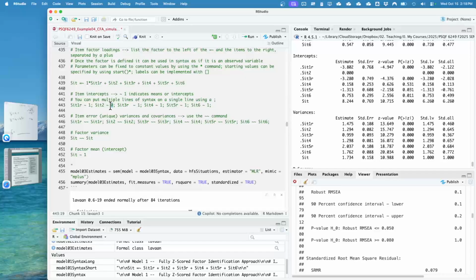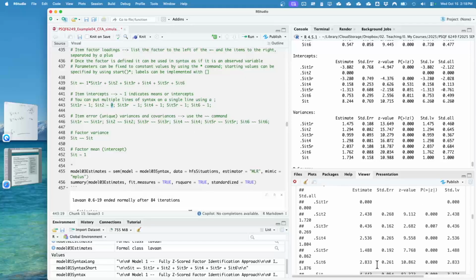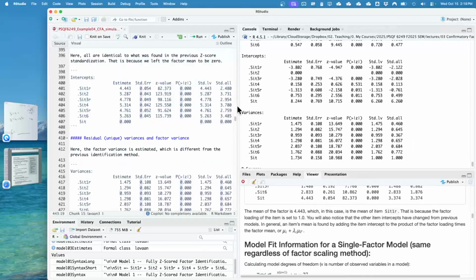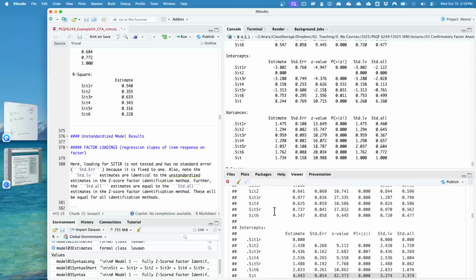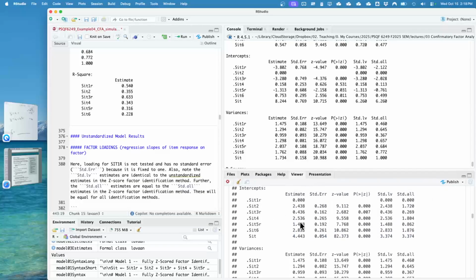It's a syntax problem. But the concept I'm trying to actually talk about here is that if Michael comes along and uses the first item, he says the factor mean is 4.43. If I come along and use the second item, I say the factor mean is 8.244. Who's right?